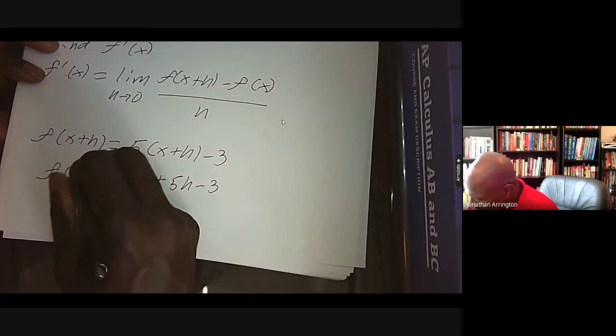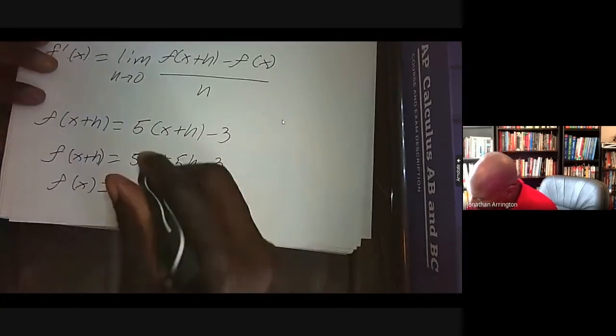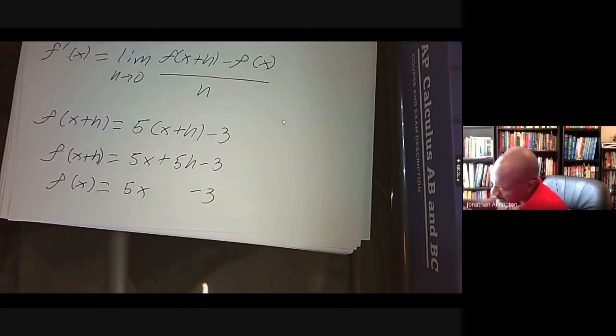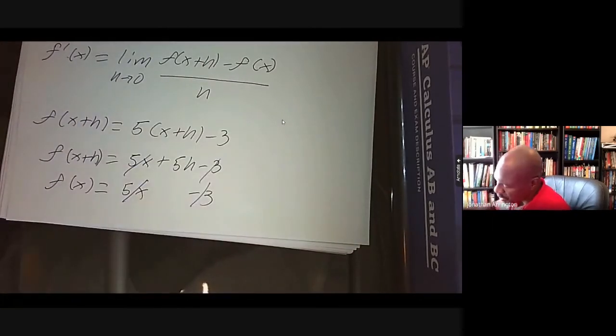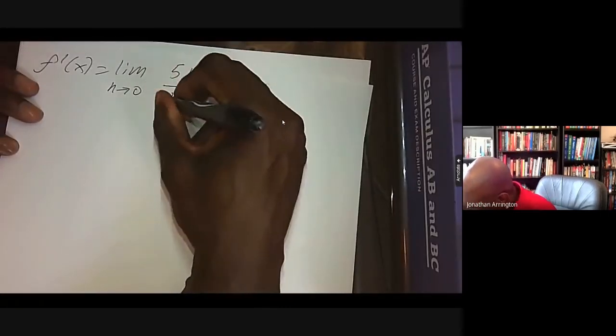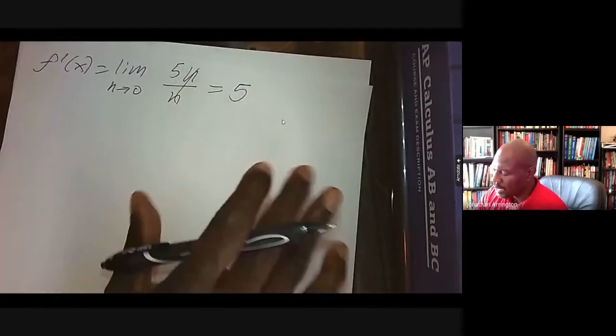F of x is just 5x minus 3. If you cancel, the 5x is going to cancel and the minus 3 is going to cancel. You'll be left with 5h. So f prime of x is the limit as h goes to 0 of 5h over h. That would cancel, and so we just get 5.